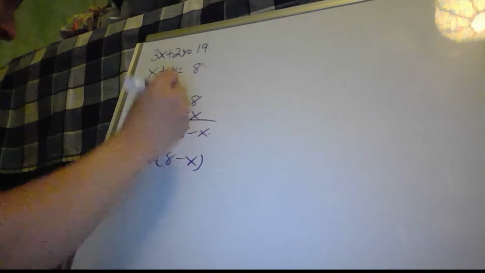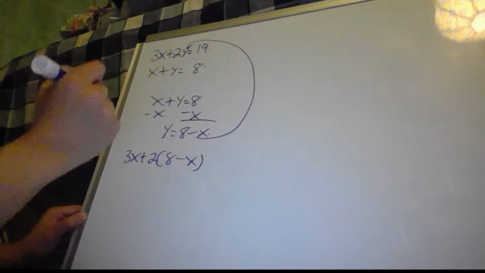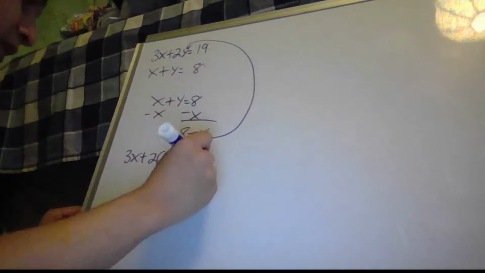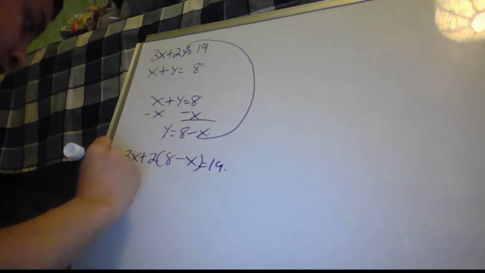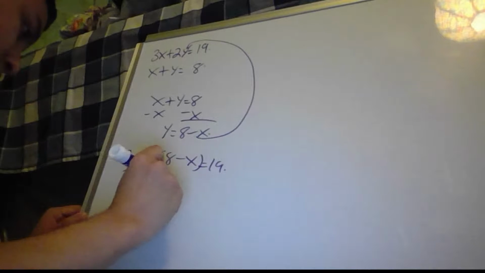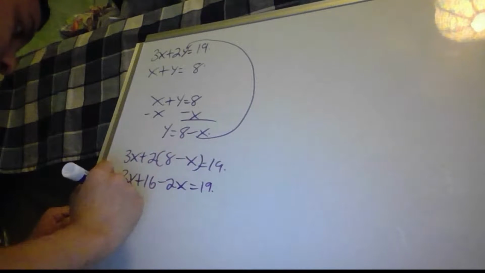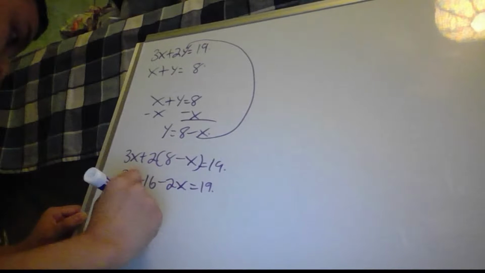We're going to plug that into this equation for y. Then we have 3x plus 16 minus 2x equals 19, right? We have x plus 16 equals 19.